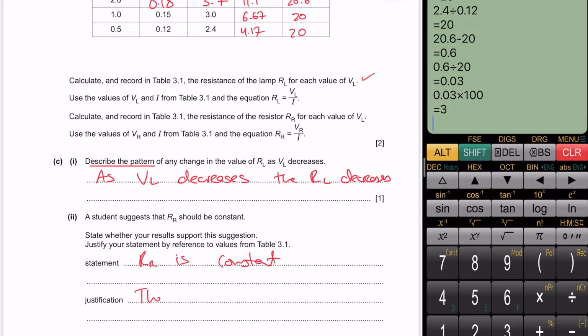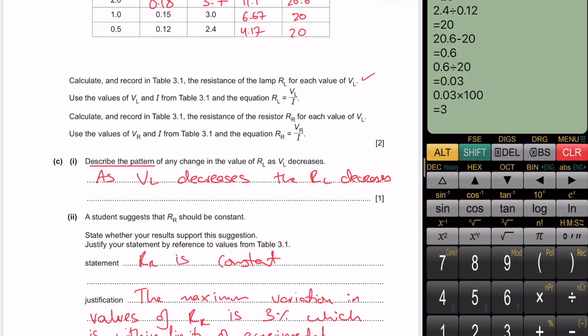So we can say the maximum variation in values of RR is 3%. Then you have to kind of memorize this fact. If the percentage variation is less than 10%, we say it is consistent or it is supported, which is within limits of experimental accuracy.